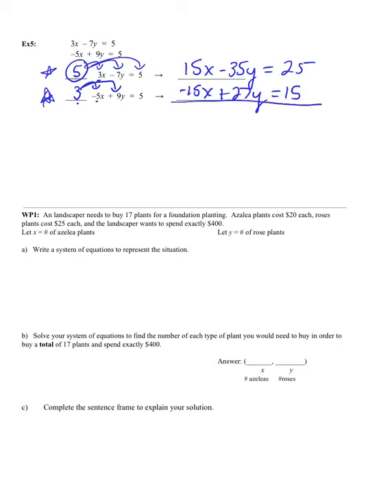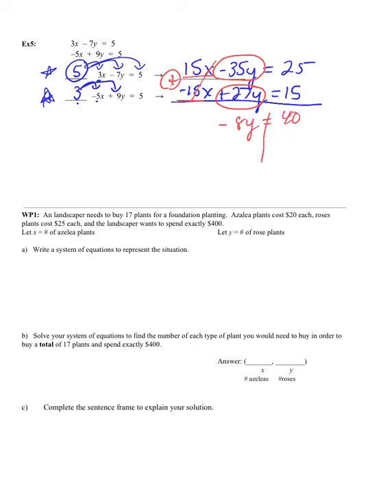Okay. So we're going to add positive 15 plus a negative 15. That wipes out or eliminates. Then you have negative 35y plus positive 27y. That will give you negative 8y equals 40.